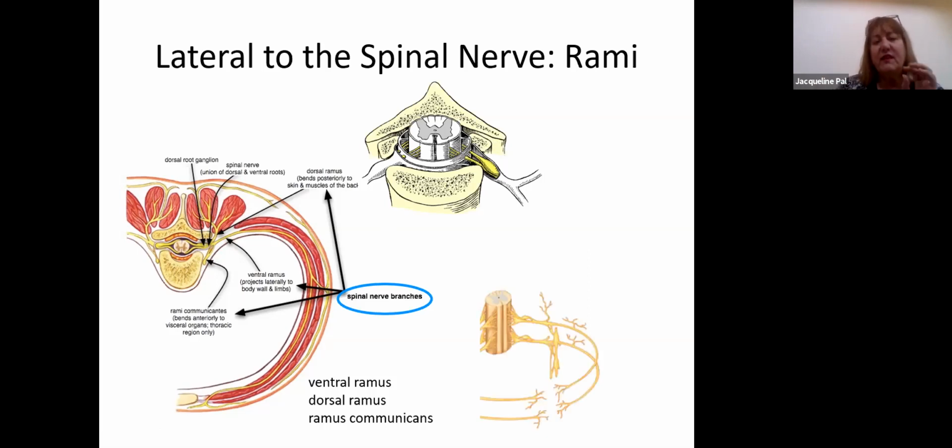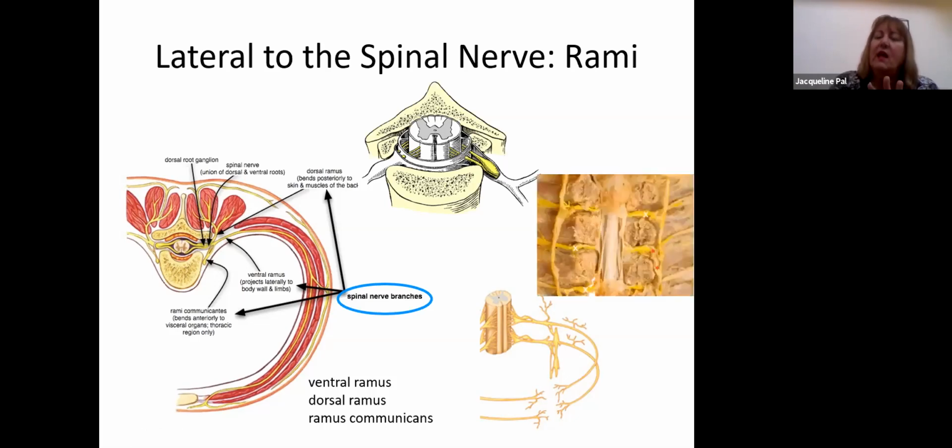So if we got rid of everything else and we just left the neural components, it would look like this, where this is two spinal nerves coming out of the spinal cord, and you can see the dorsal ramus going there, the ventral ramus coming around anteriorly to the midline, and then we have the part that is becoming the ramus communicans.